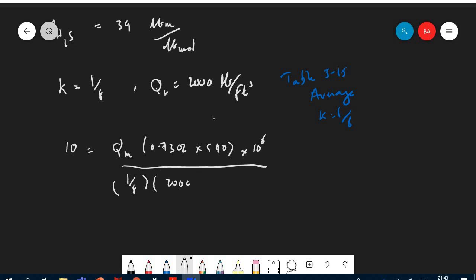I don't want to put the units. And the last thing is to multiply by the molecular weight. Did I miss something? I think I missed the P.